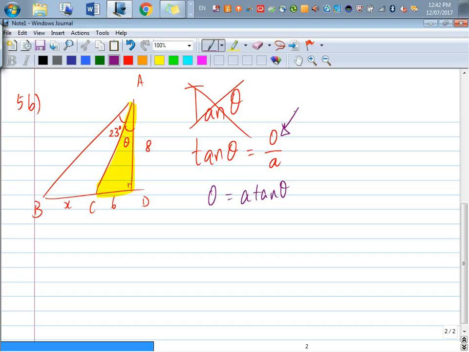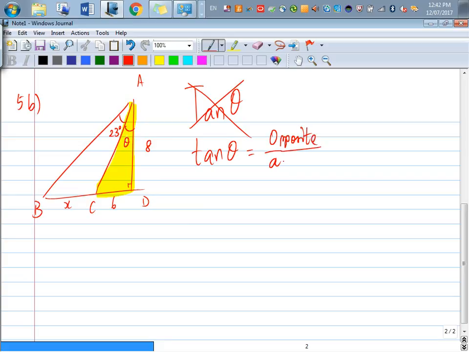Either you write opposite over adjacent, or you can just write OPP, at least that makes more sense, ADJ. Either these two, or you straight away substitute in the value. So opposite we have 6, adjacent we have 8. Okay?